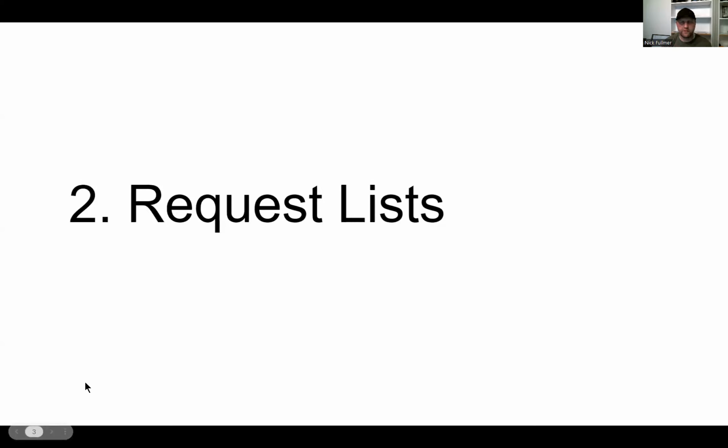Method number 2, requesting lists. A pro is that, because you have to actually do some work and actually ask for the list, this is going to eliminate a large portion of people that don't want to do that work. And so these lists are less competitive.